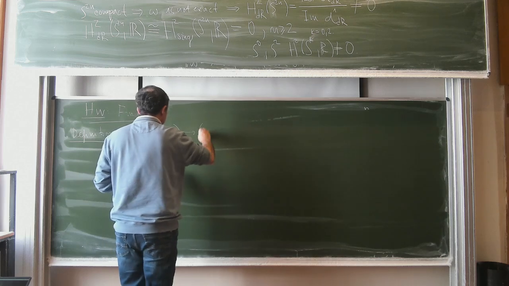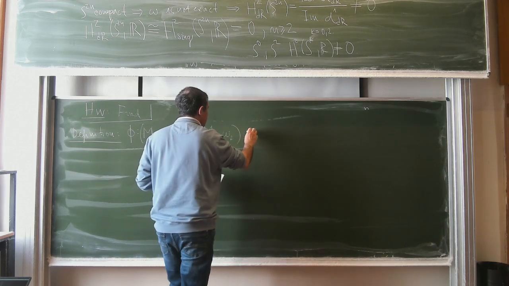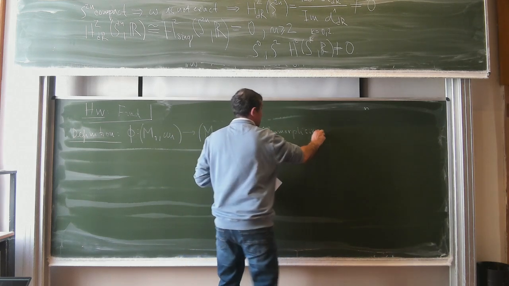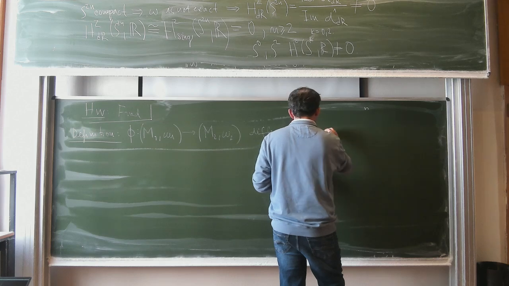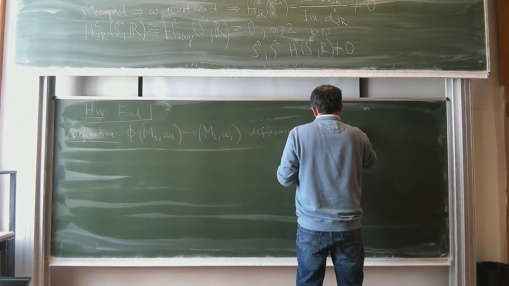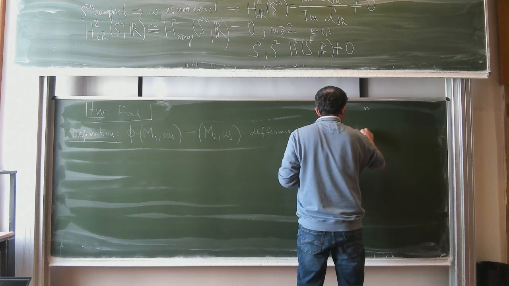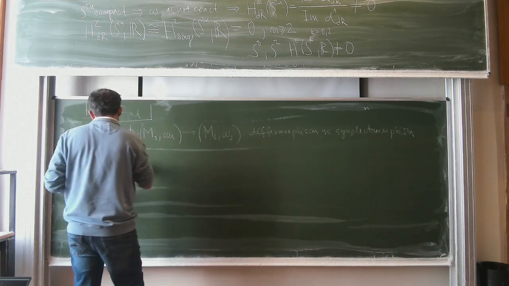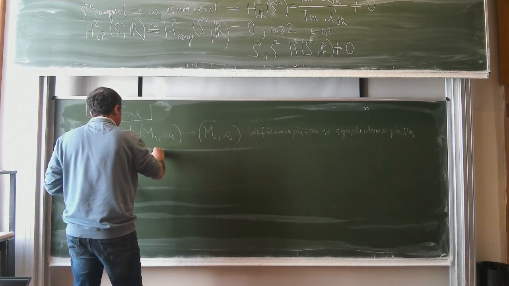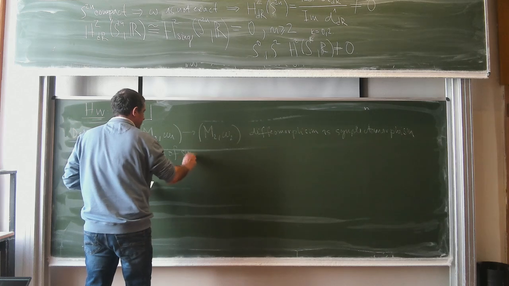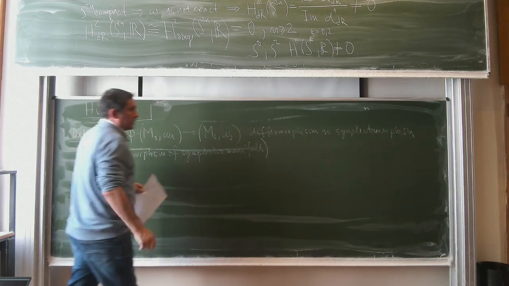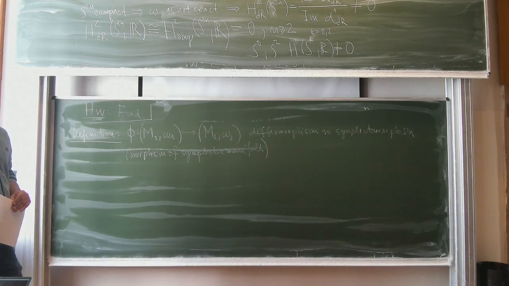Having two symplectic manifolds, a diffeomorphism is so-called a symplectomorphism, or a morphism, categorically speaking, a morphism of symplectic manifolds, if the pullback of the target symplectic form is the symplectic form in the domain.